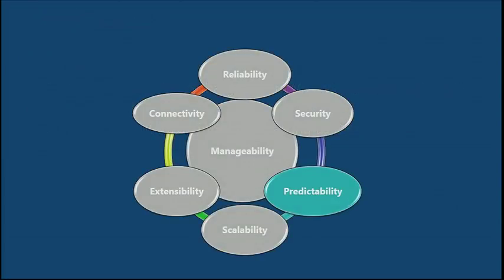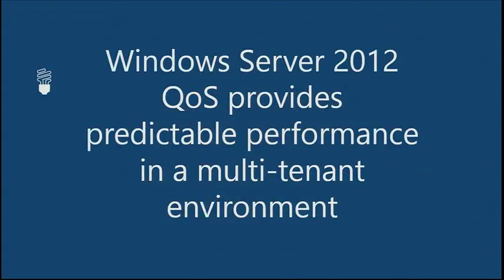Predictability. So moving on, quality of service. So quality of service is built into the platform inside Windows Server 2012, and this is around providing predictable performance for multi-tenant or indeed single-tenant environments as well. This has benefits in single-tenant environments.